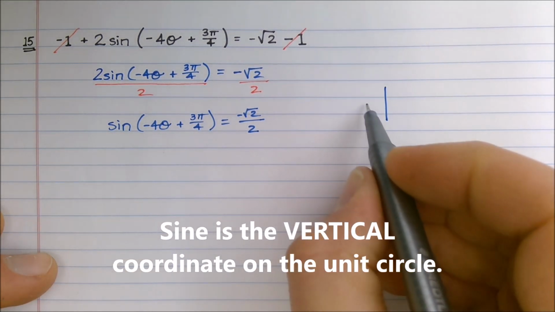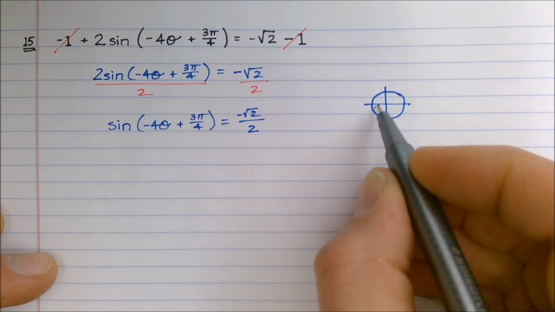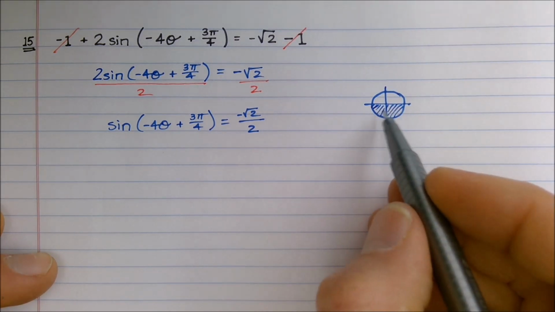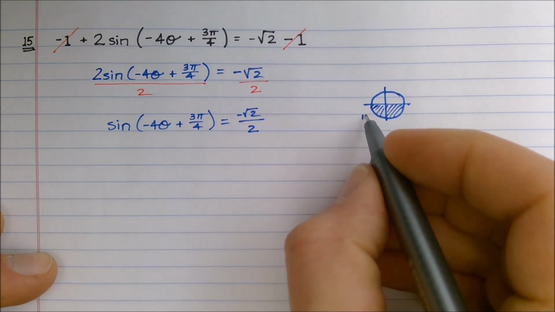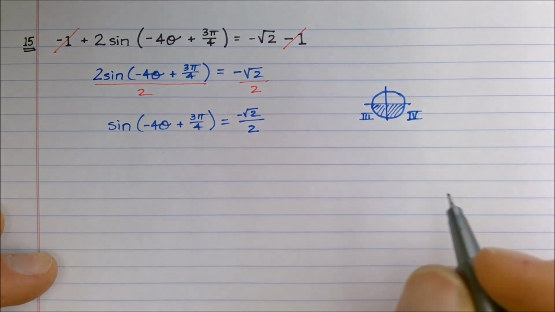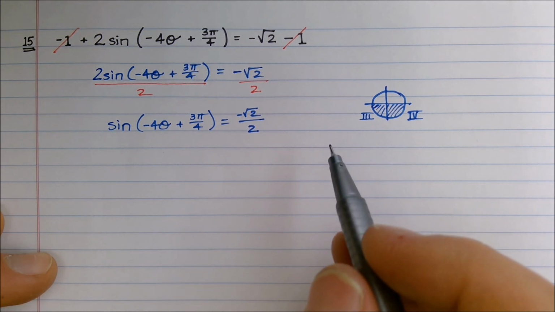If you had your unit circle over here, remember the sine is the vertical, so you're going to find the angle somewhere in quadrant 3 and quadrant 4. That's where you'll find negative vertical values. You have root 2 over 2 at pi over 4.